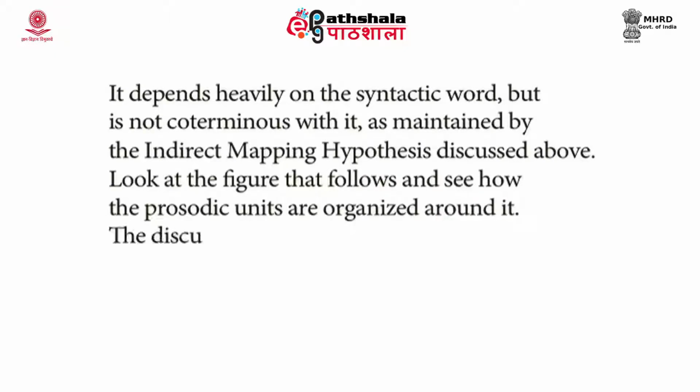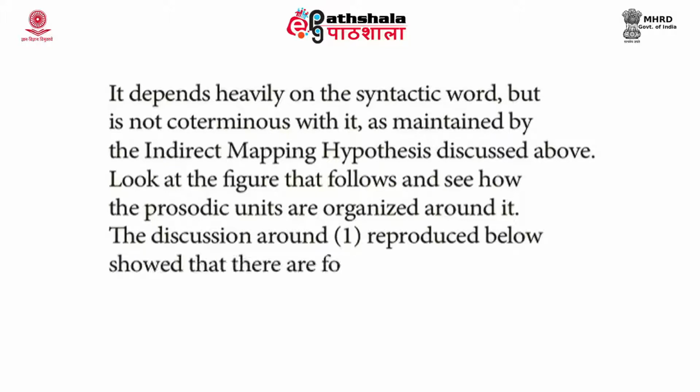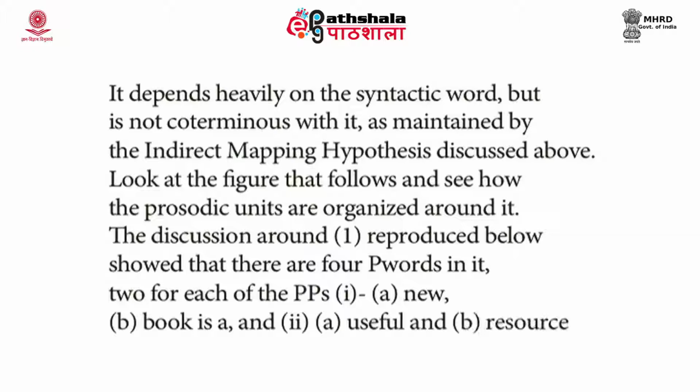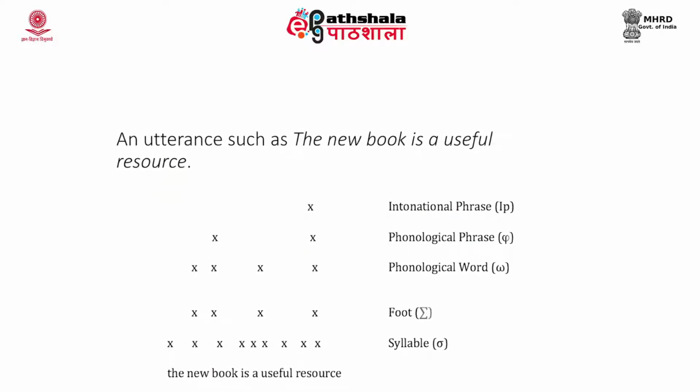Now, look at the figure that follows and see how the prosodic units are organized around it. The sentence is the same that we have looked at before. The new book is a useful resource. Look at its structure again, the metrical grid representation on the screen.